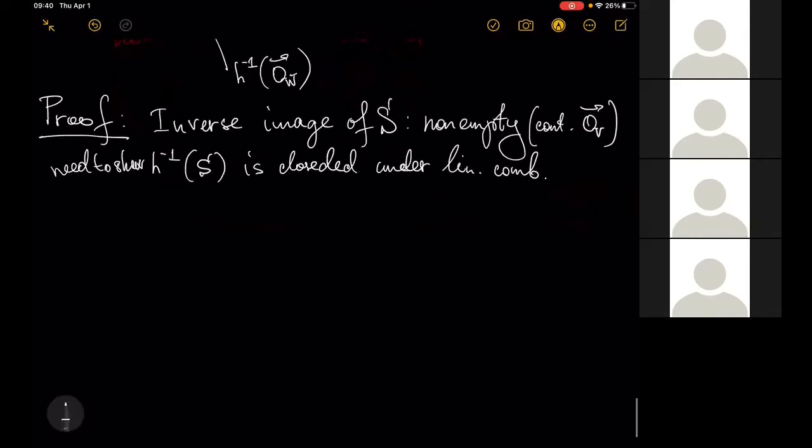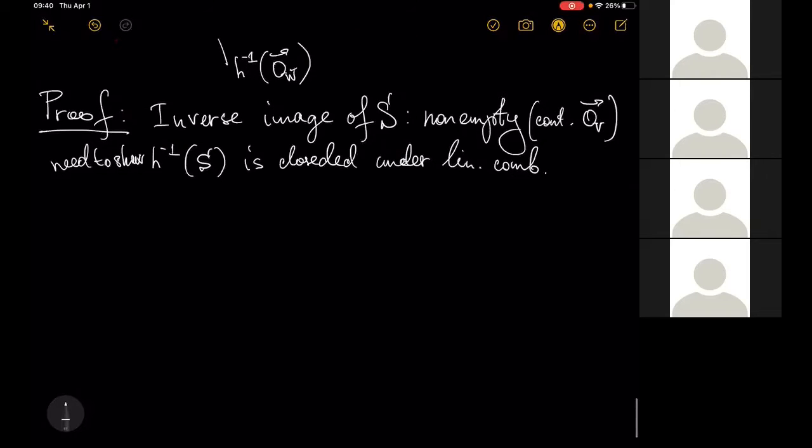So how to do this? We will do this in the following way. Let V1 and V2 belong to this inverse image.